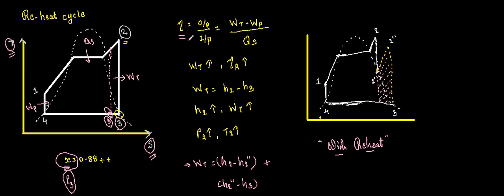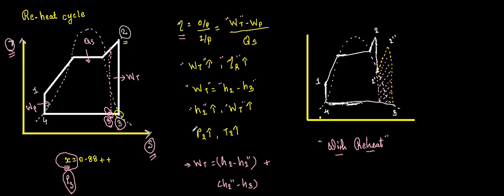So in order to improve the efficiency, what do we need to improve? We need to improve the work done by the turbine. As the work done by the turbine increases, the efficiency of the Rankine cycle increases. The work done by the turbine has the equation H2 minus H3, where if the value of H2, the enthalpy at point number 2, increases, the work done by the turbine increases.